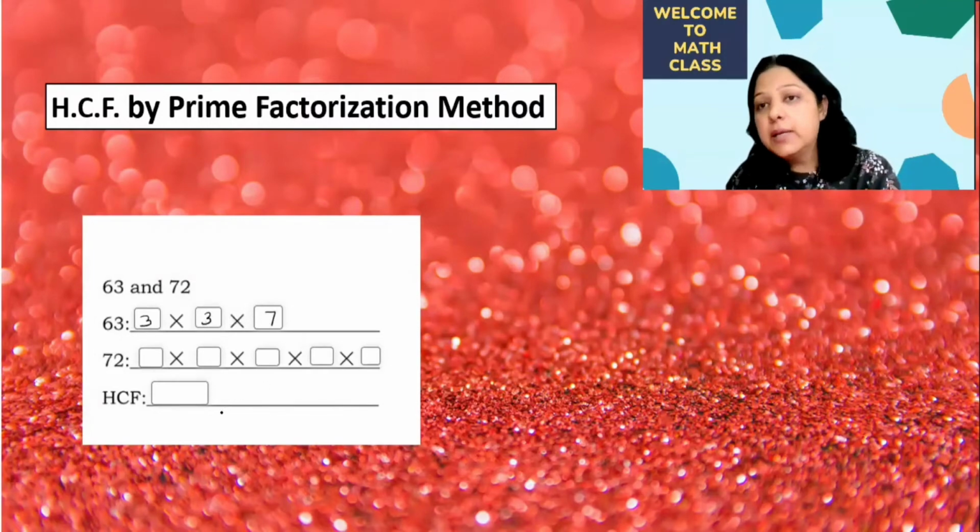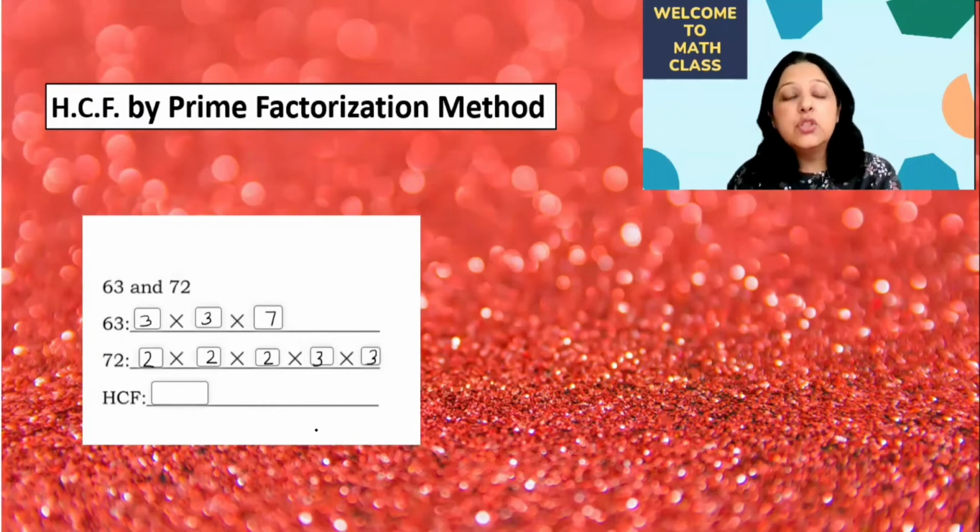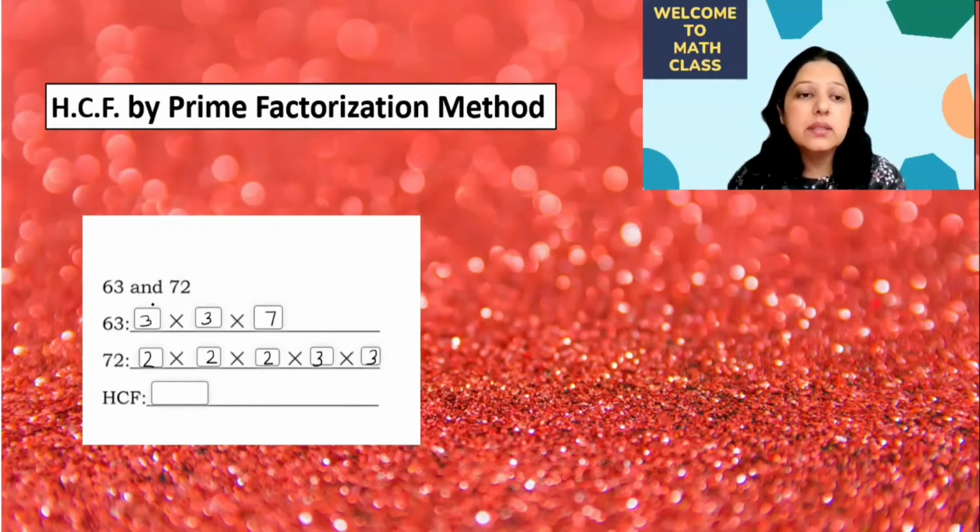And then prime factors of 72 will be 2 into 2 into 2 into 3 into 3. Now check the common factors, just circle the common factors. You can see 3 times 3 is here, and 3 times 3 is in 72 also. So the HCF will be 3 into 3, that is 9.